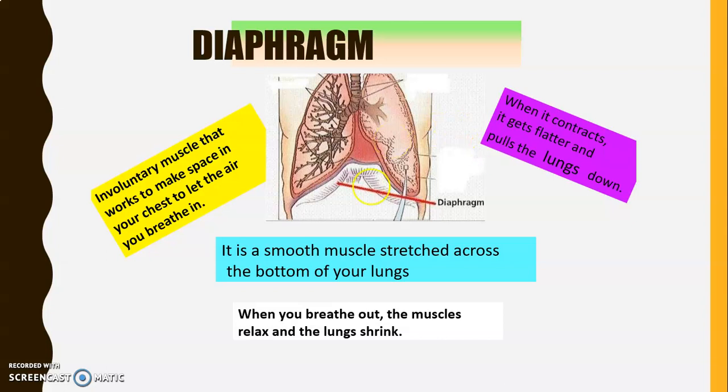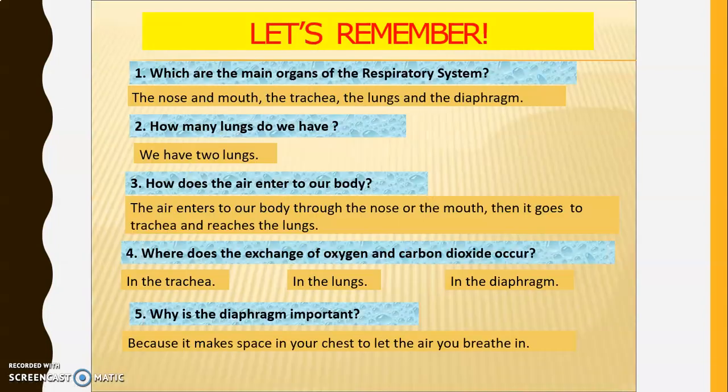The second most important muscle is the diaphragm, because without it, you cannot just breathe, because when it moves down and up, it gives space for the lungs, and it squeezes the air out of your lungs for you to breathe in and to breathe out. So without this diaphragm, you cannot do all of this breathing process. That's why the diaphragm is the second most important muscle in your body.